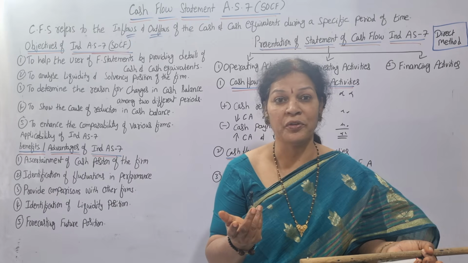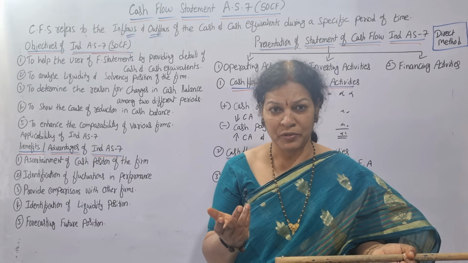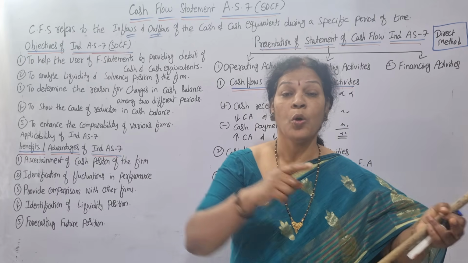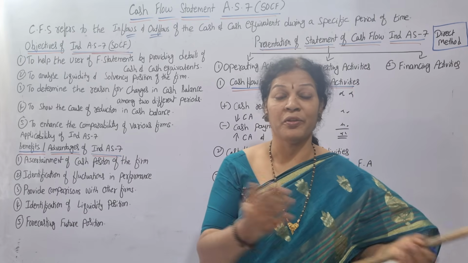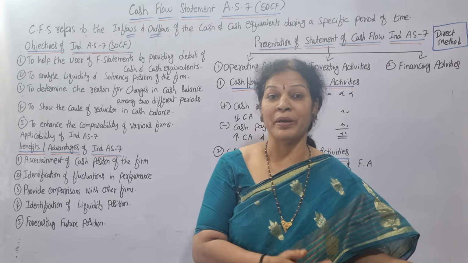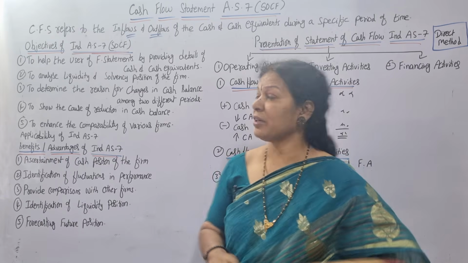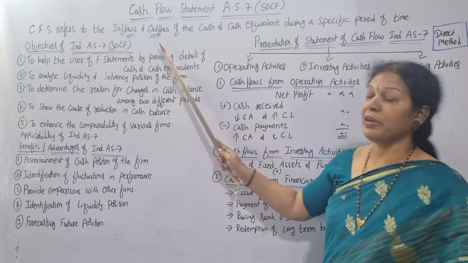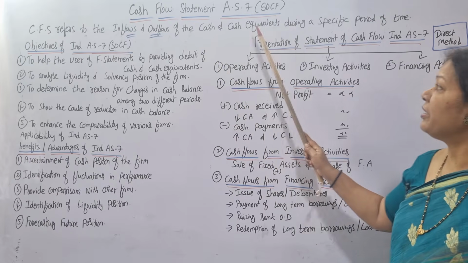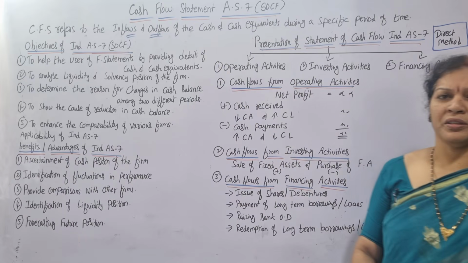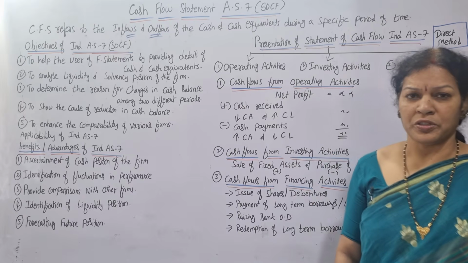You will come to know which firm is running well, which firm is giving better results. For comparison, from one year to another year, one firm to another firm, one branch to another branch, you can prepare a cash flow statement that talks about the inflows and outflows of cash and cash equivalents during a specific period of time. That's all. This is about the cash flow statement.